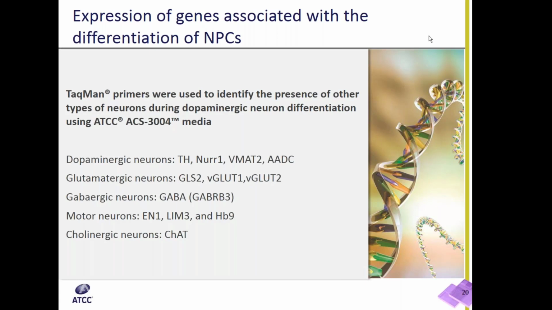RNA was extracted from these cell lines after they were treated with the dopaminergic media for 0, 1, 2, or 3 weeks. The cDNA was synthesized for a qRT-PCR analysis of neuronal gene expression using TaqMan probes, shown here.